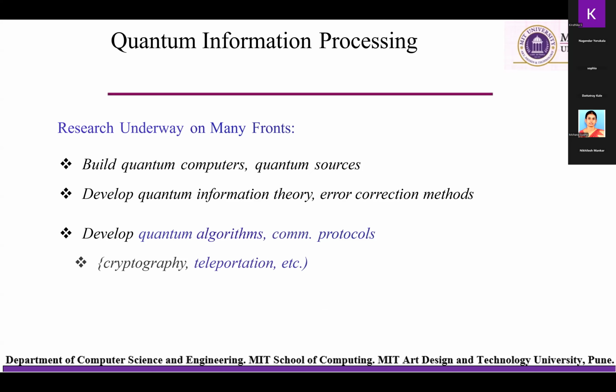There is also significant work on developing quantum information theory, which provides the mathematical foundations for understanding quantum states, as well as methods for error correction, which are crucial for ensuring reliable computation in noisy quantum environments. Additionally, research is advancing in quantum algorithms and communication protocols, with applications such as cryptography and quantum teleportation offering exciting possibilities for future innovations.